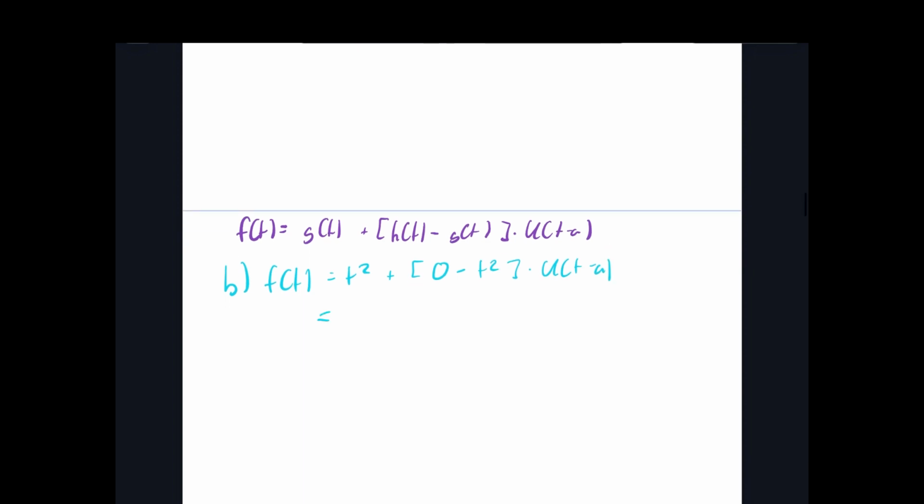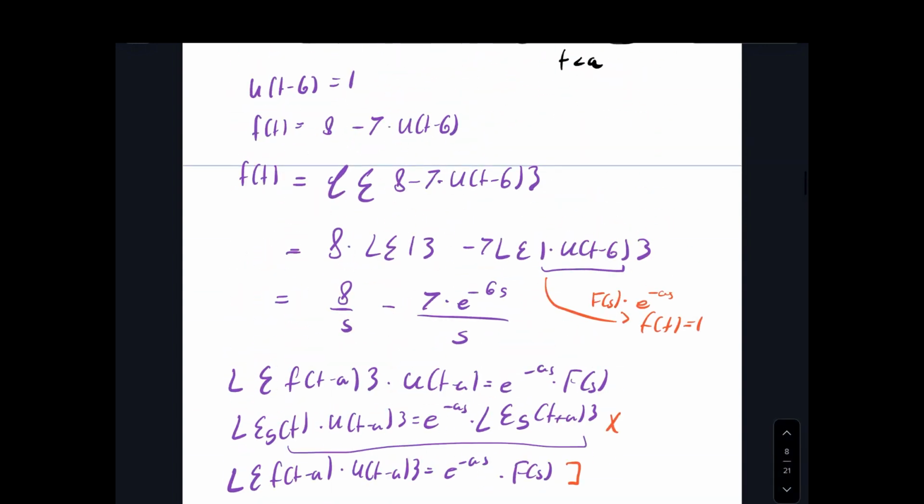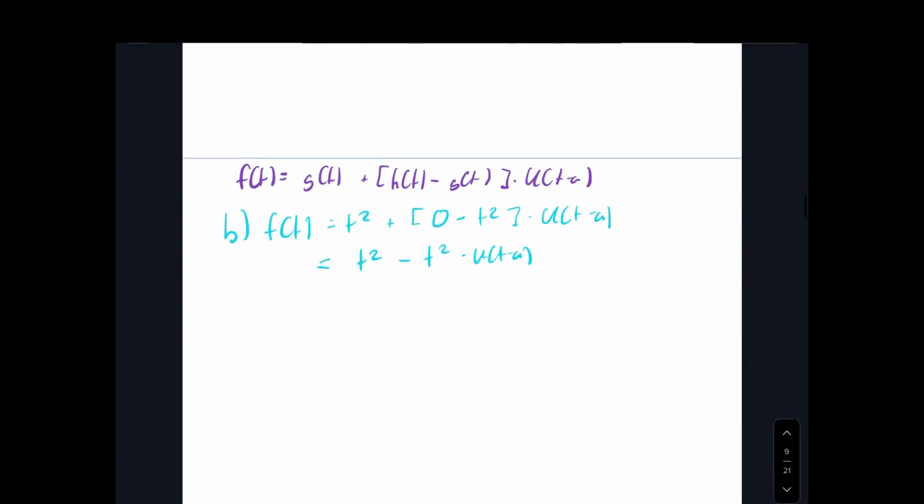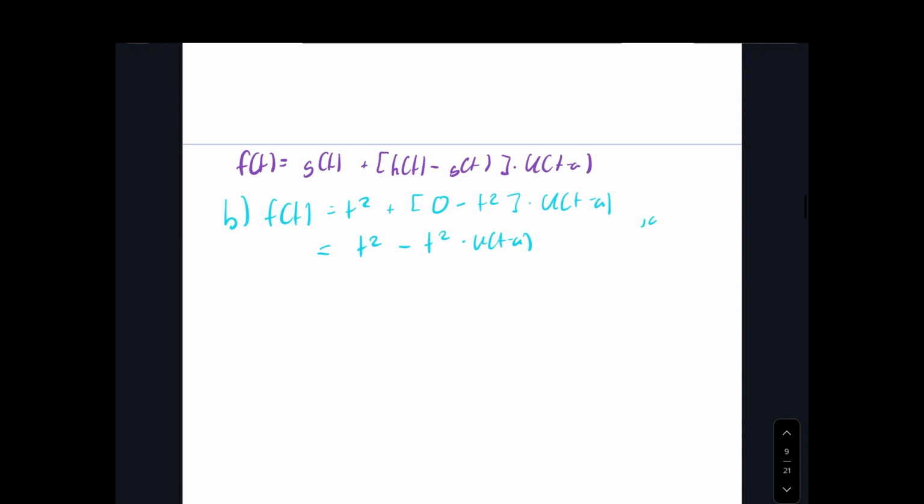So in this case, we have t squared minus t squared times u at t minus a. And our a equals 2. So a equals 2. So I could get rid of this and just do that. Okay, cool.